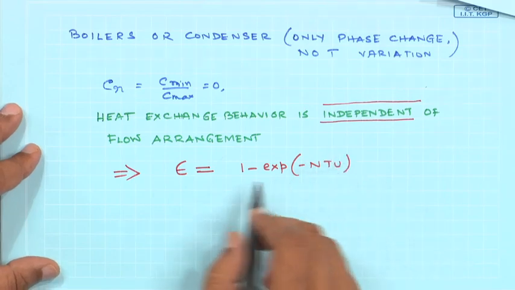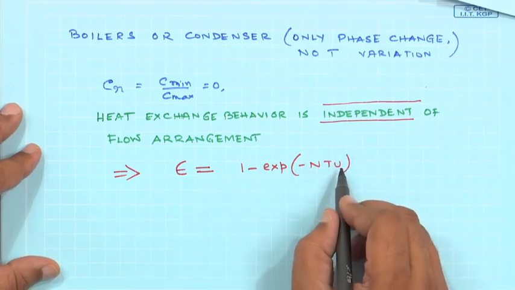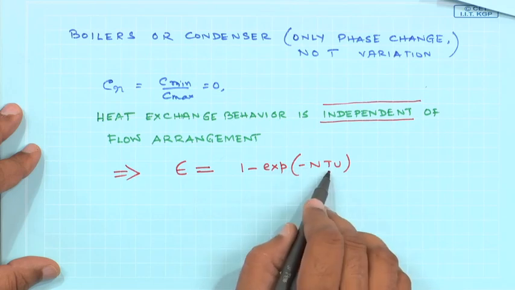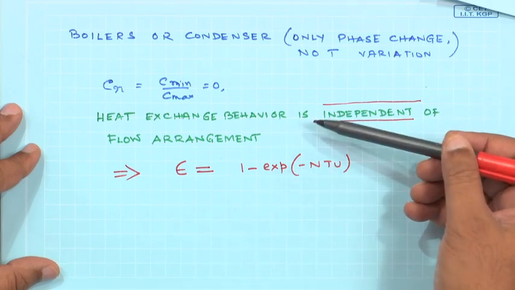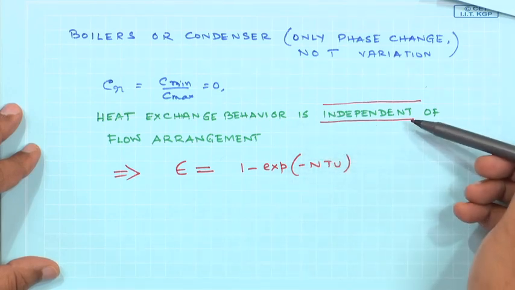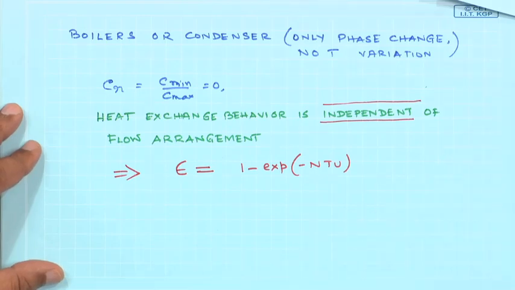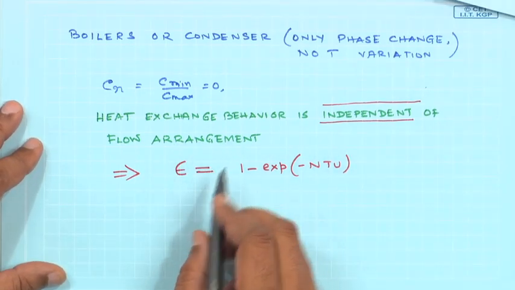So, this is the expression between epsilon and NTU when you have either a boiler or a condenser, and the heat exchanger behavior is independent of the flow arrangement.